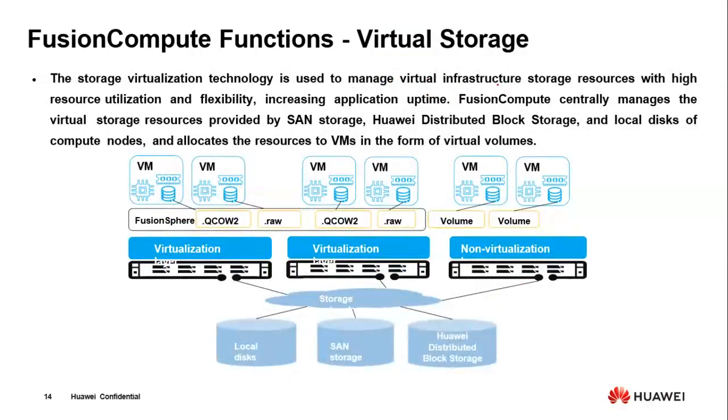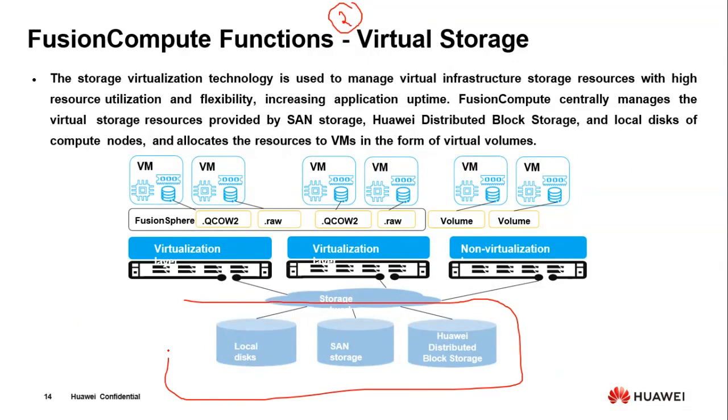Next one, number 2 is virtual storage. Virtual storage means now we have all the disks on the data center or on the server that provide all the resources. This disk can be located, because it's a distributed system, it can be located in different places.